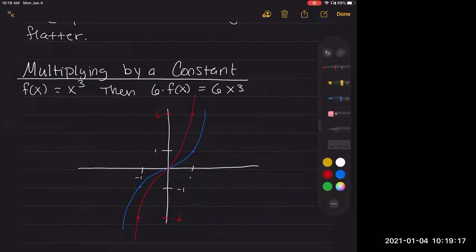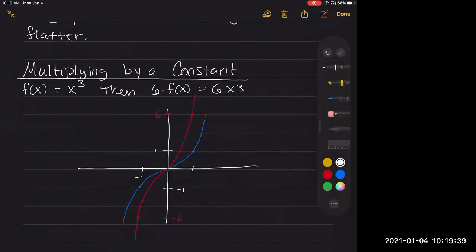It's like if you took an image on a Word document and you just grabbed the little top center bar and you pulled it up, the graph will get stretched like taffy up. And then if we were to have multiplied by a number like 1/2 or 1/3, that would squish the graph down. So that's how you multiply by a constant.